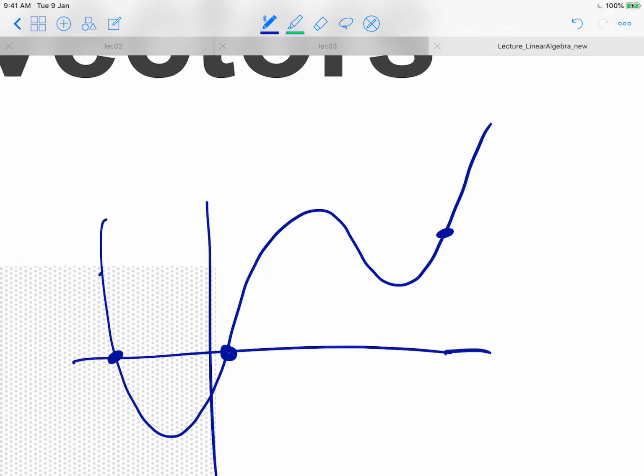Geometrically, the root of f(x) equals 0 is the x value that crosses the x-axis, right?